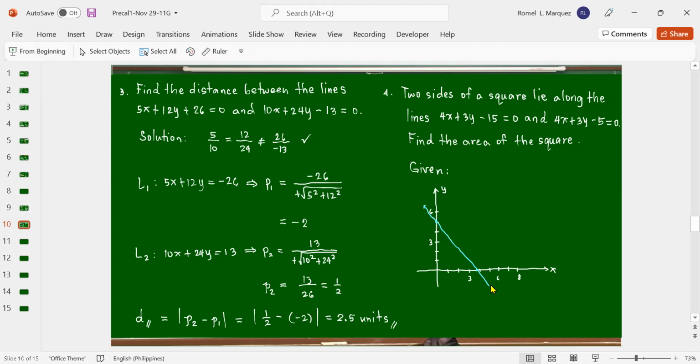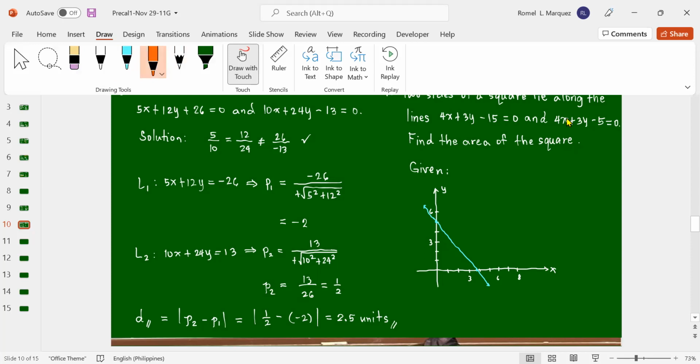So the other one, when x is 0, 5 over 4. What is 5 over 4? 1.25. Again, when y is 0, 5 divided by 3, 1.67.